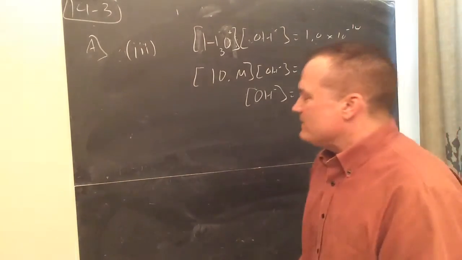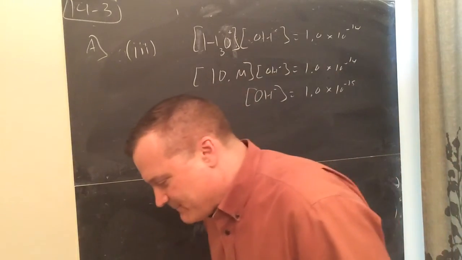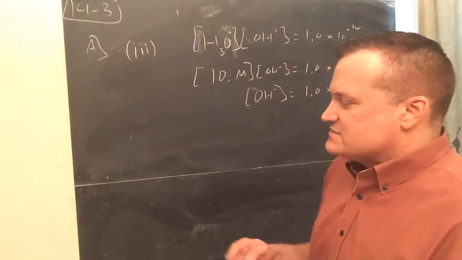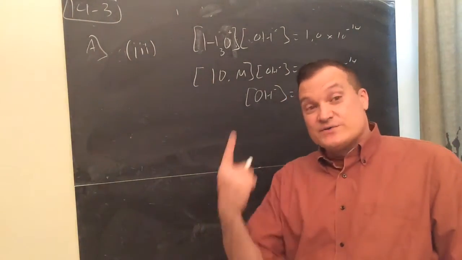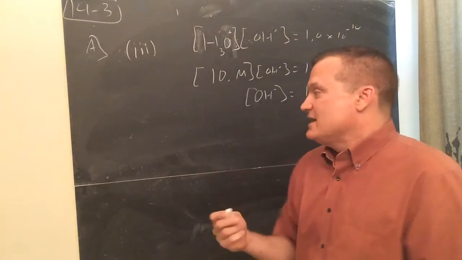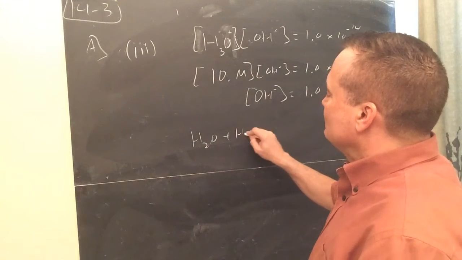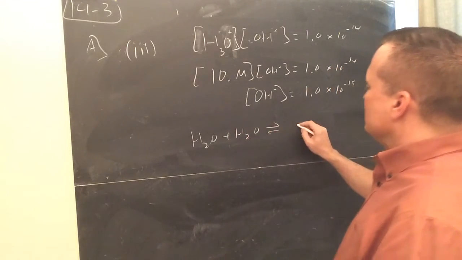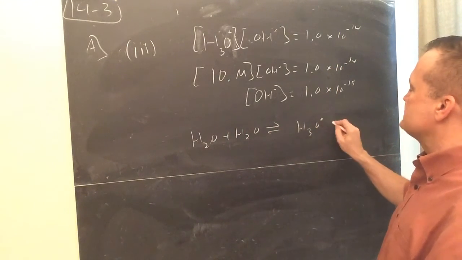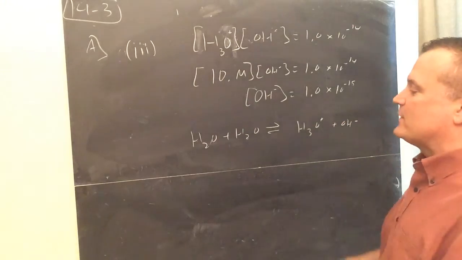Well, this little question is just something they pop in there for you. Since the Kw value goes up, it increases, then what does that mean for this reaction to give you H3O plus and OH negative, is it endothermic or exothermic?